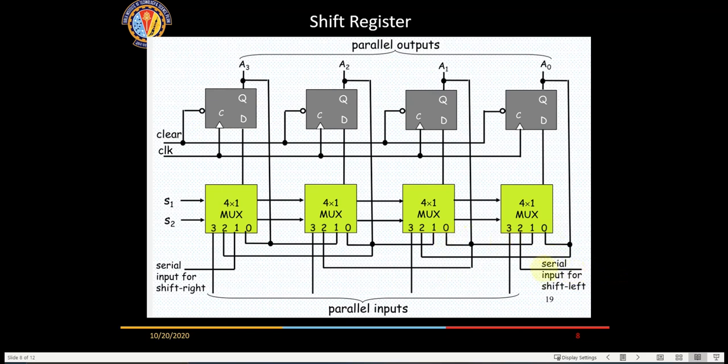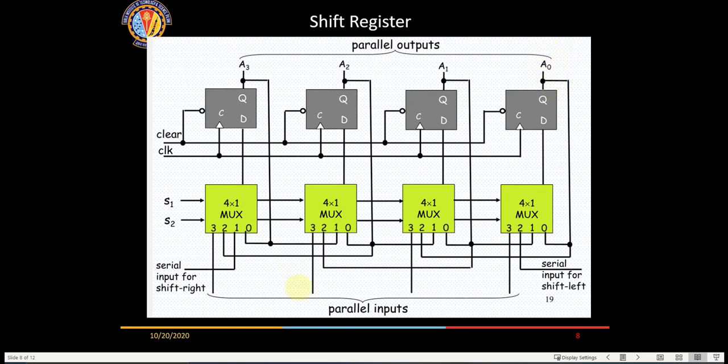at this pin? No, sorry, that won't happen. We'll see that. Yeah, correct. At A0 you will get the serial output.